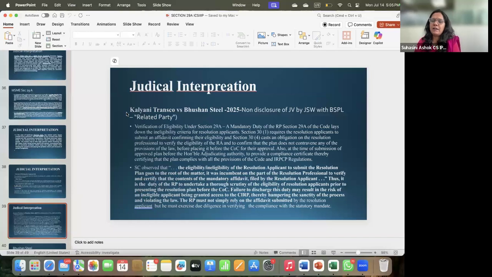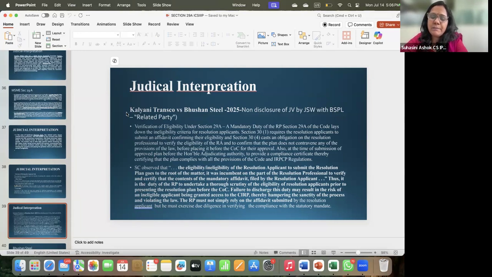It came to the notice of the Supreme Court, based on various submissions by parties, that there was a joint venture by JSW with BSPL, which was disqualified under section 29A.